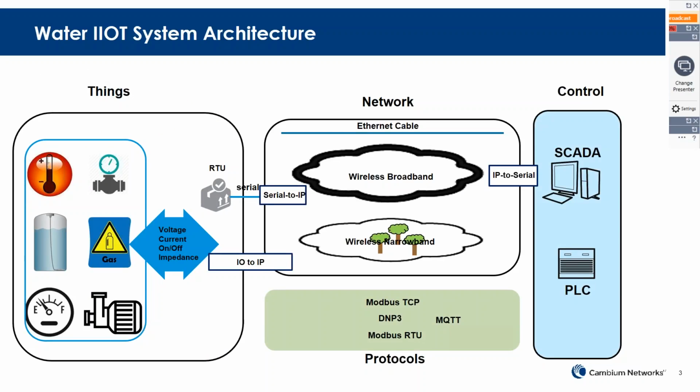So let's take a look at the water IIoT system architecture. So what is IIoT? IIoT stands for Industrial Internet of Things. When we talk about Industrial Internet of Things, it's different from what people typically think of as IoT, for example, residential, like smart home.